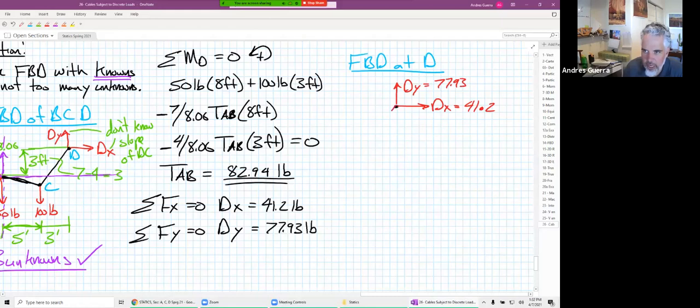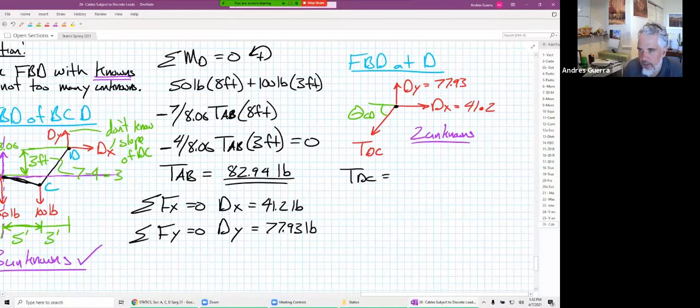And then wouldn't we have a tension from D to C, also an unknown theta from C to D? Well, we've got two unknowns, which is totally fine. We can solve for those two unknowns, but we also can find TDC based on dx and dy directly.